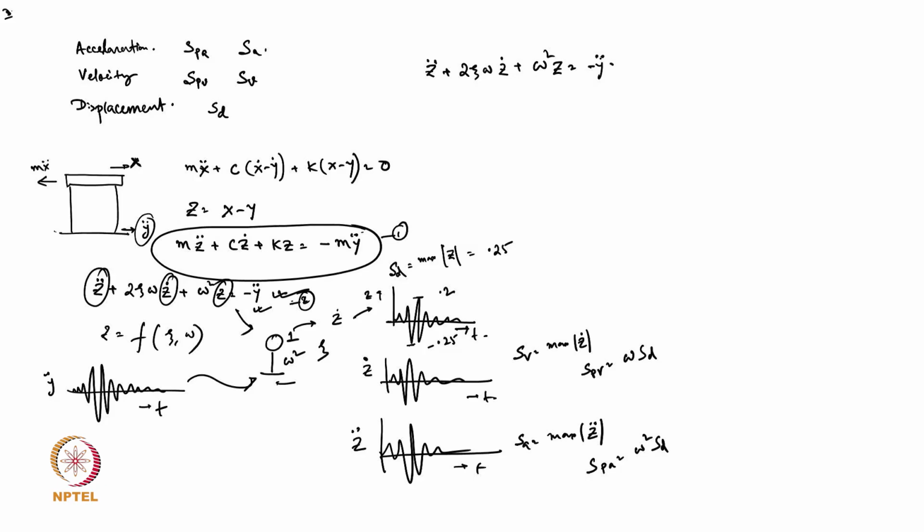Now we are dealing with the maximum values, so once Z is maximum here, this term is omega square of SD, because Z is maximum, so omega square of the maximum of Z is also the maximum of this particular term.